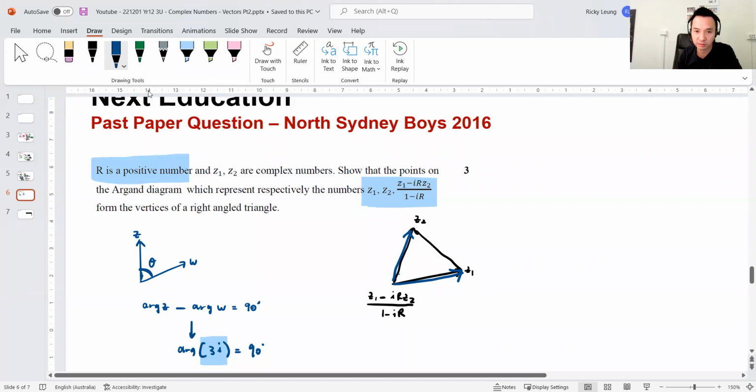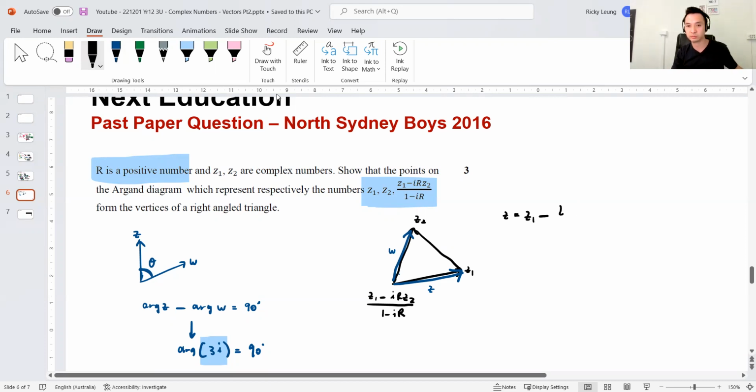So maybe I'll call this one Z, this one W, right? For now. So in this case, Z equals top minus bottom, right? Minus Z1.